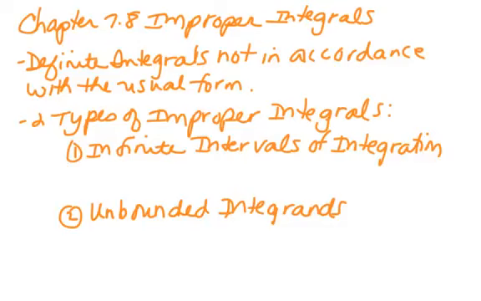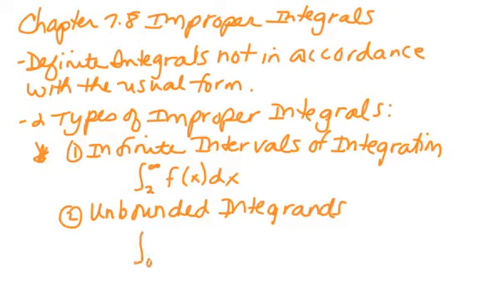There are 2 types of improper integrals. First is the infinite interval of integration, where you actually have an integral that one of the limits of integration, or both, are infinite. And that's going to be what we're concentrating on for this video. And the second type of improper integral is when we have an unbounded integrand.